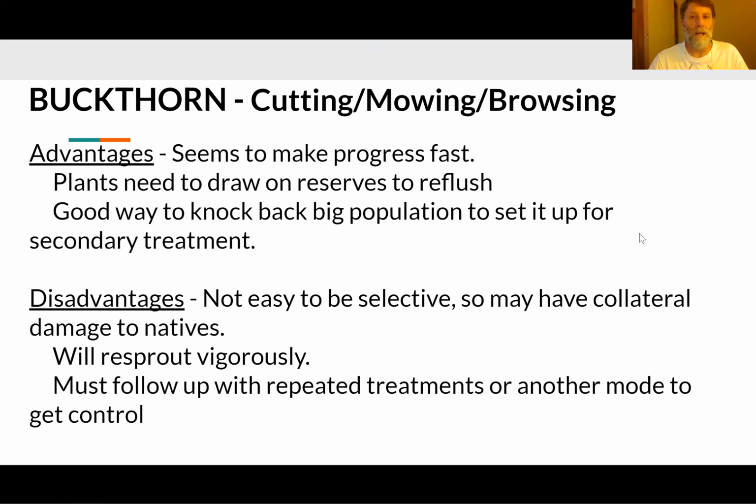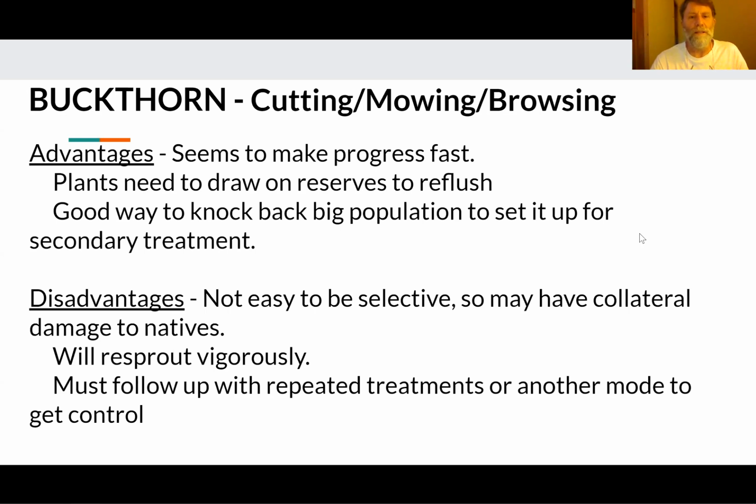So you can't just cut it and be done. Whether it's mowing it again or trying to smother it or doing chemical treatment, you're going to have to do something to try to keep it from coming back as vigorously or more vigorously than before.